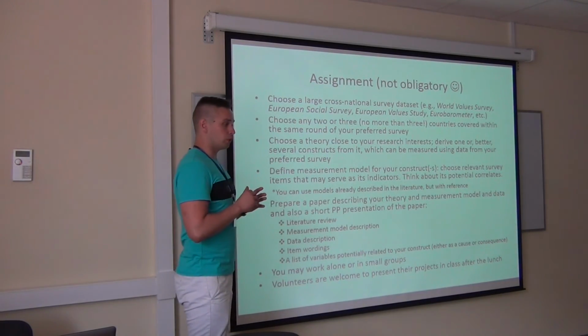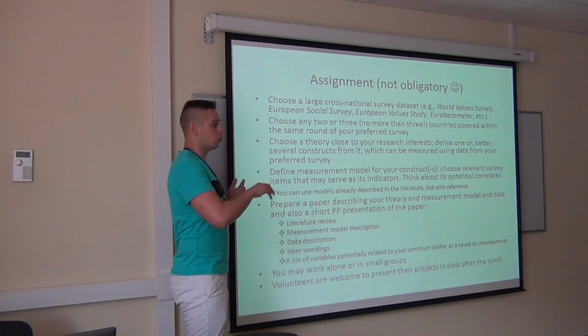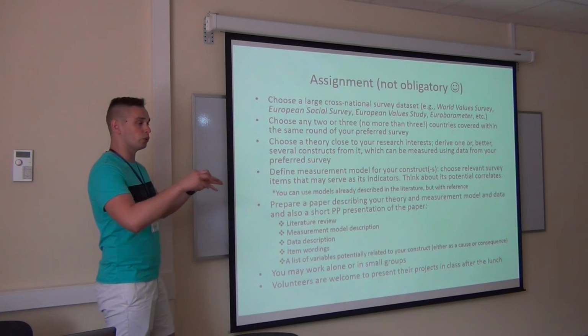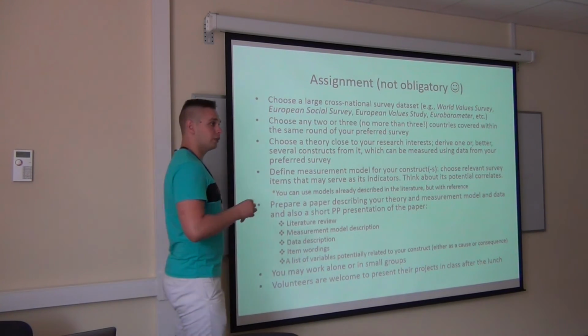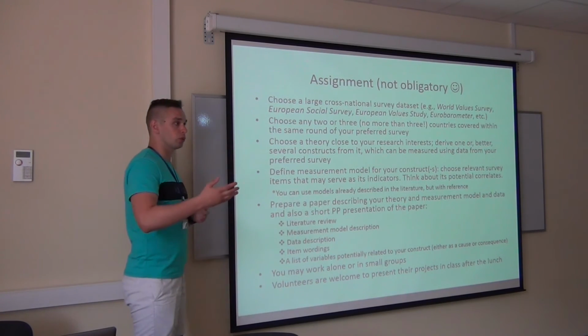Also think about possible predictors of these latent variables. You can also assume that these latent variables are causally related to each other. It depends on your theory and your own preferences.